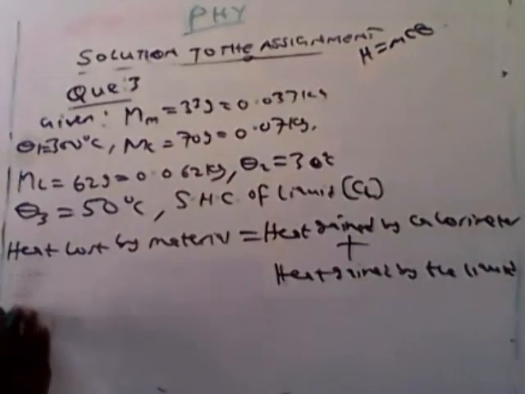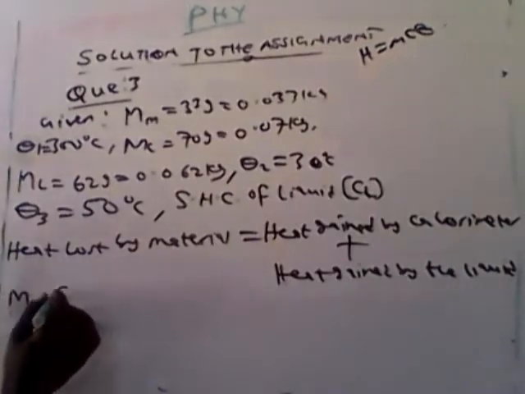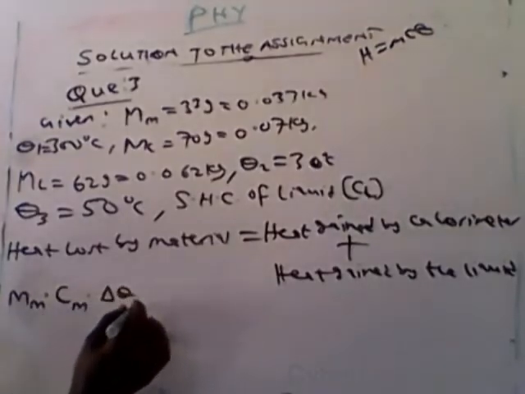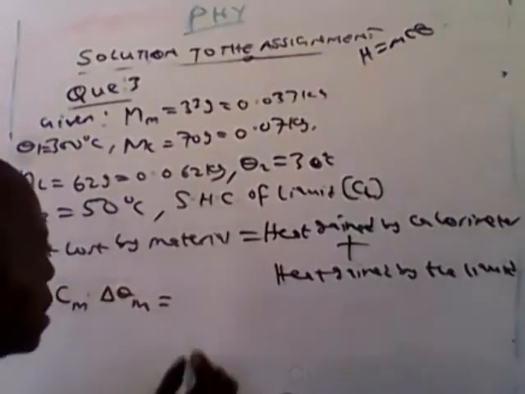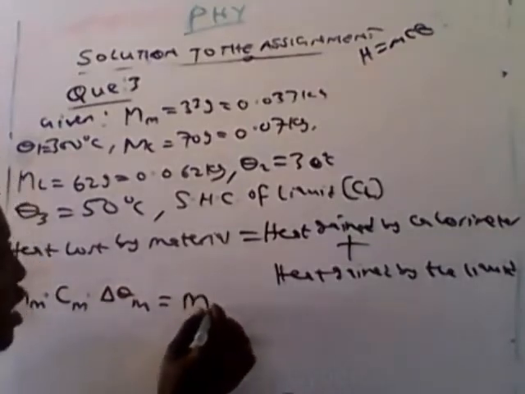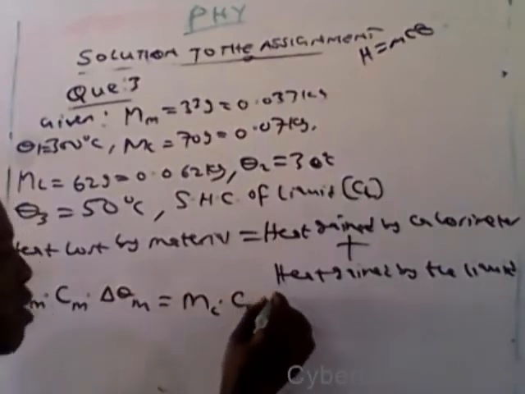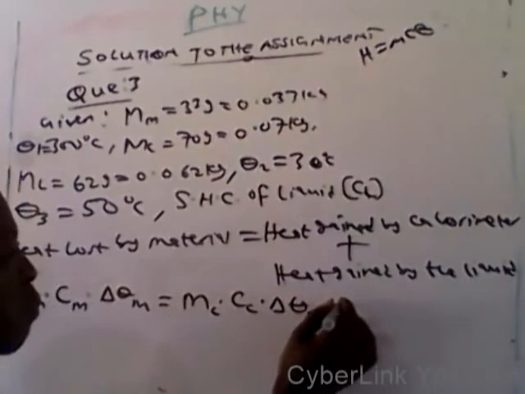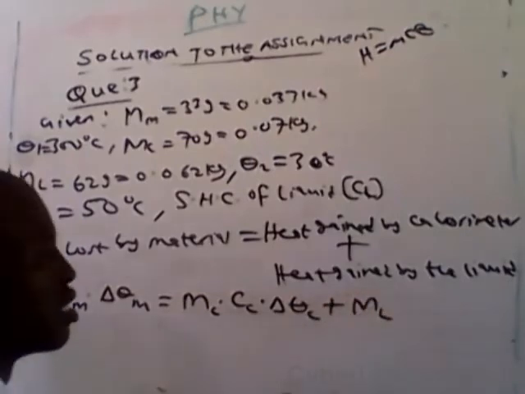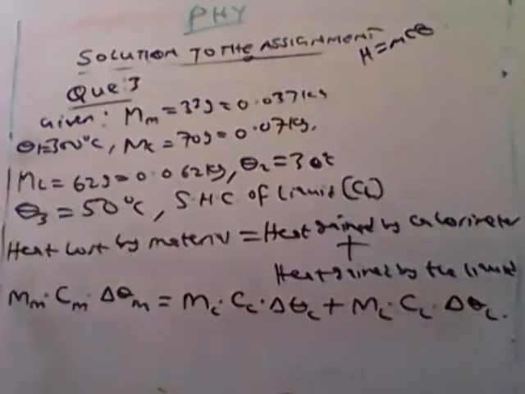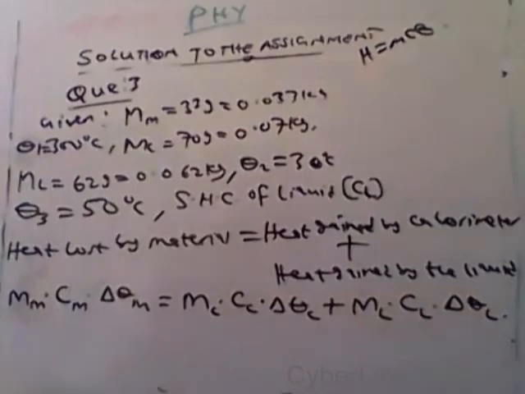So heat lost by the material will be mass of the material times specific capacity of the material times change in temperature of the material, equal to mass of the calorimeter, specific capacity of calorimeter multiplied by change in temperature of calorimeter, plus mass of the liquid, specific capacity of the liquid times change in temperature of the liquid. So in this case, we substitute all these parameters and let's see what's going to happen.